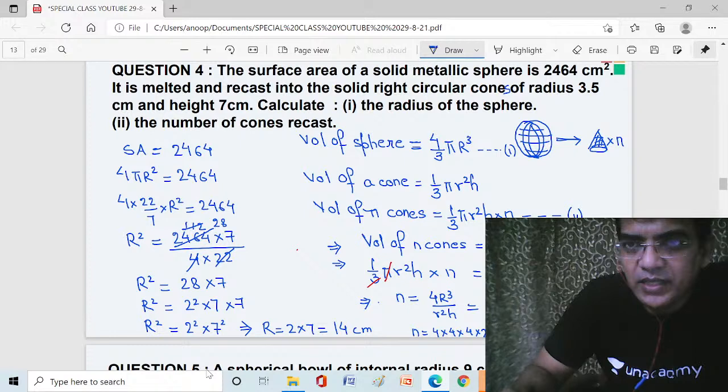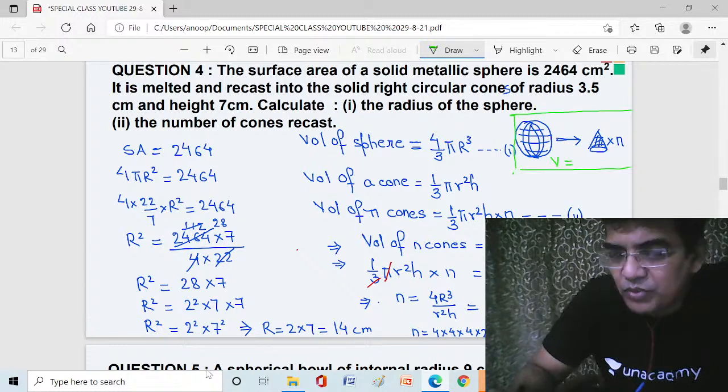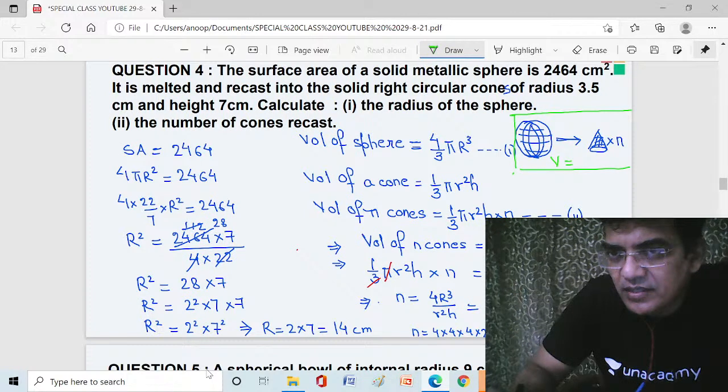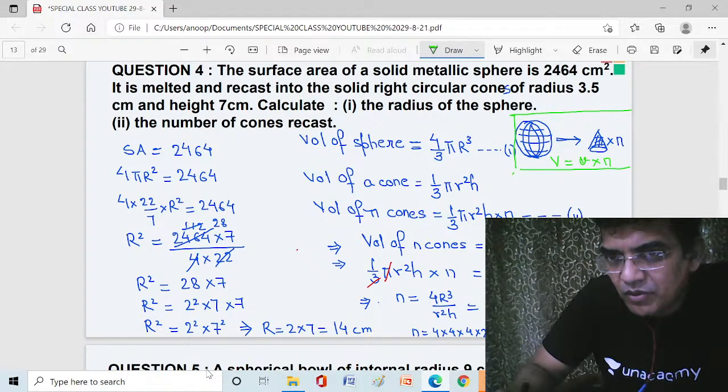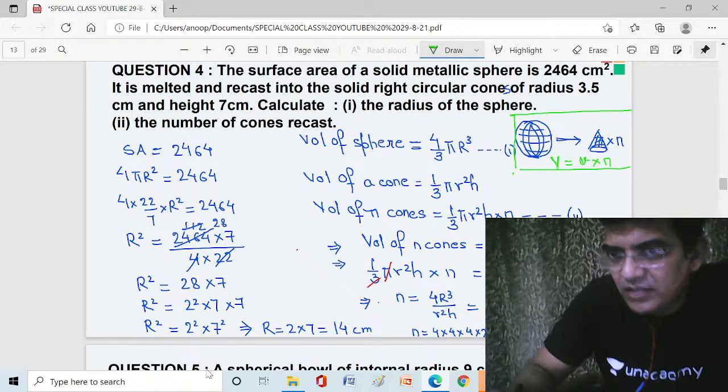This was a single solid sphere, so the volume of this sphere will be equal to, now here we have supposed that n cones were made, and as each cone was of the same size, the volume of these n cones will be equal to the volume of the sphere. So small v into n, that is, always we are going to do it like this: volume of this body is equal to volume of the other body casted.